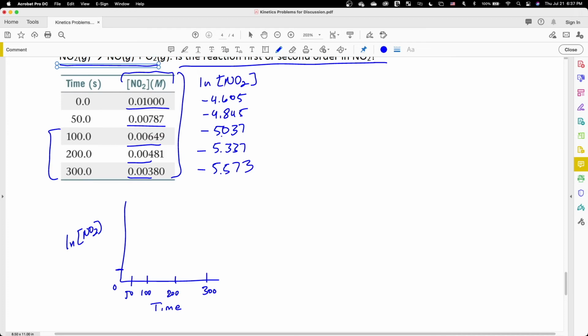So I'll start out with negative 5.6 there, right? And I'll just go up in negative 0.2 increments, right? So negative 0.454, negative 0.52, negative, and I ran out of room there because of my title, but 0.50, right?